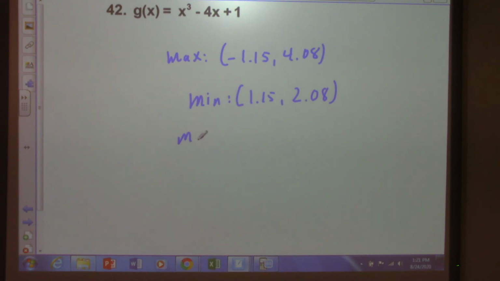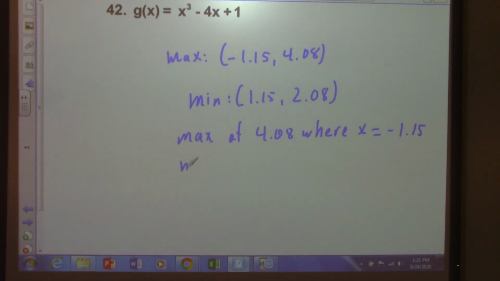Okay, so we have a max of 4.08 where x equals negative 1.15, right?